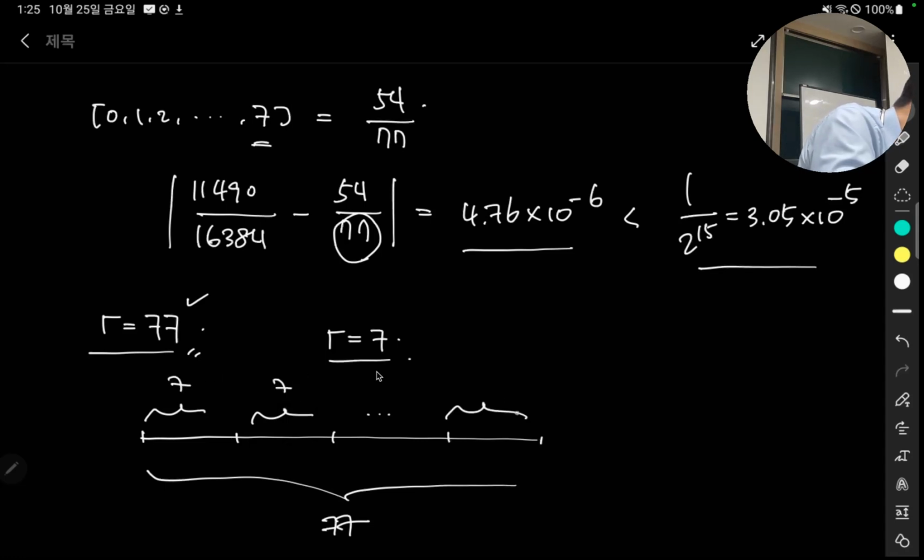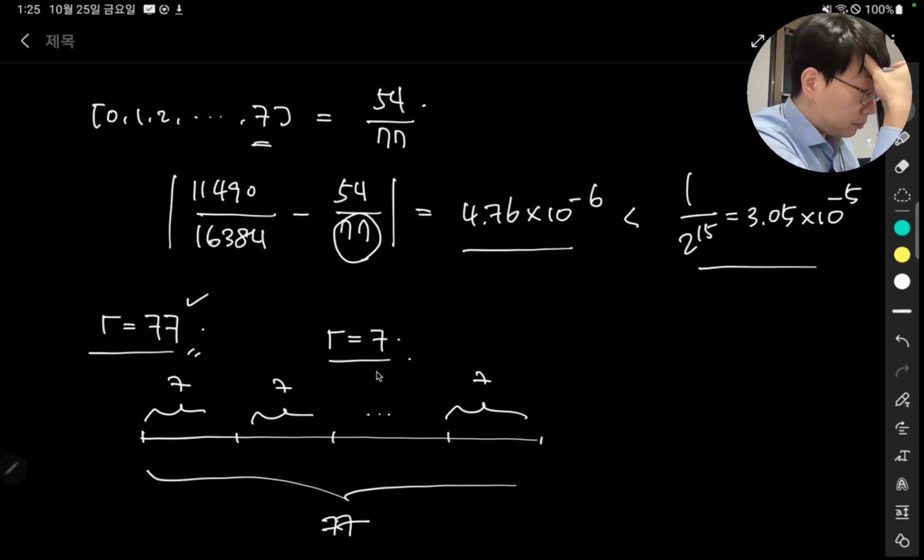So maybe the first 7 numbers in this 77-long string are periodic, repeating 11 times to make 77 throughout this table. So therefore, you might get something like r equals 7.